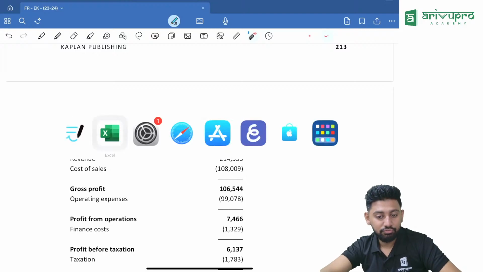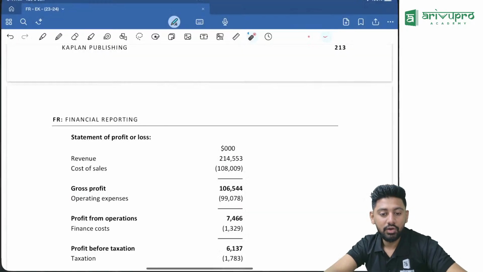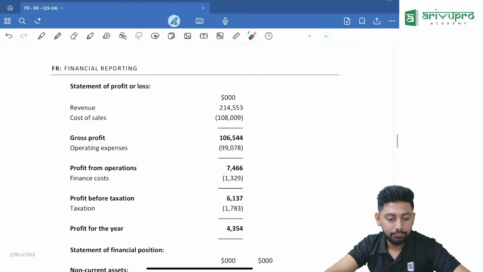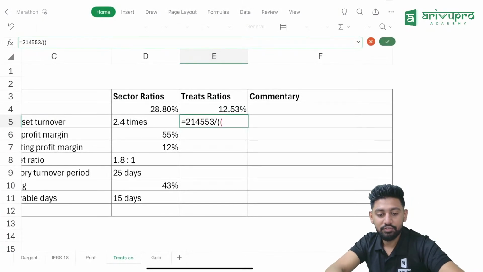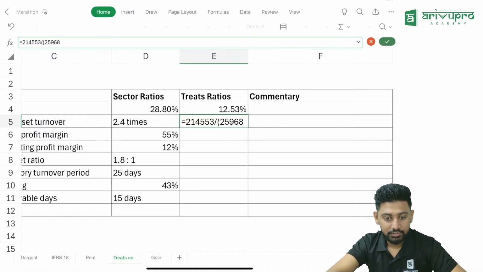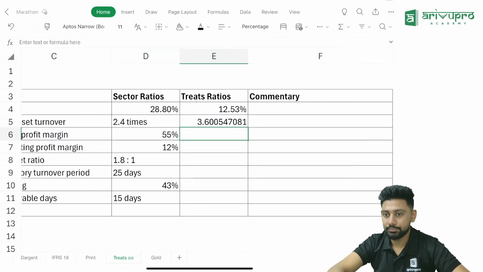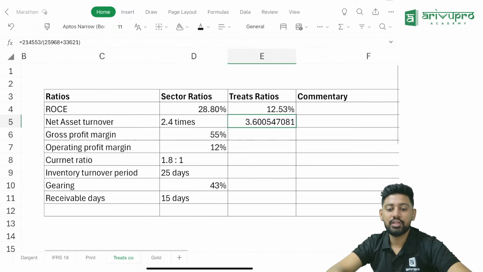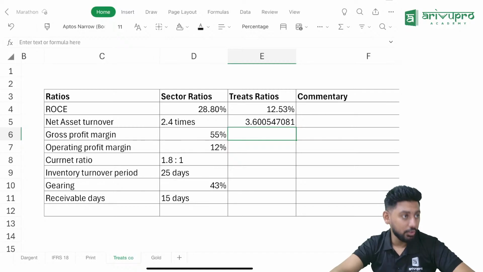Our revenue is 214553 over our capital employed, which is 25968 plus 33621, correct? Which is 3.6 times.